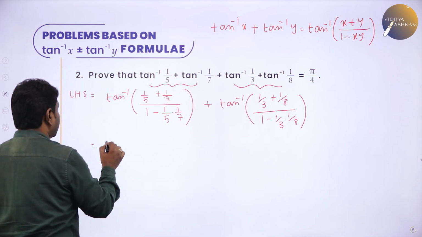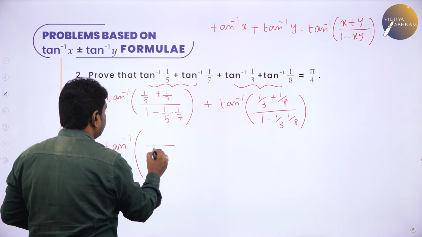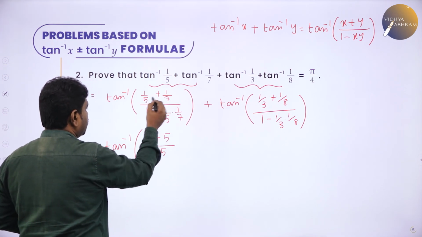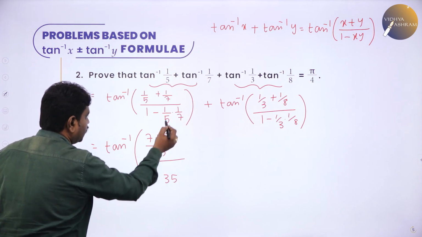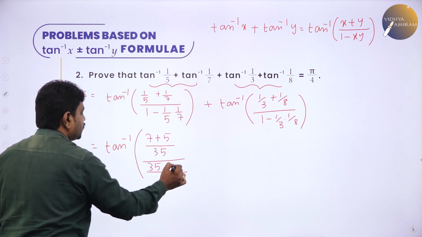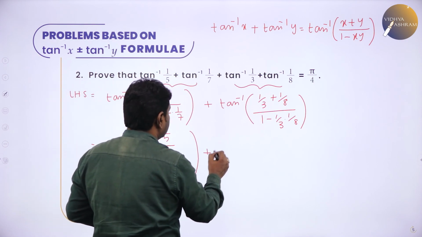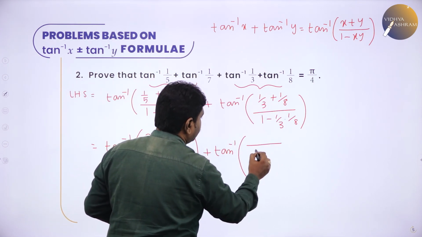Further that will become tan inverse of, LCM for 7 and 5 is 35. Numerator becomes 7 plus 5. Cross multiply. Denominator 7 5s are 35. 35 into 1 is 35 minus 1 1s are 1. While taking LCM, do it carefully. Plus tan inverse of, LCM is 8 3s are 24.